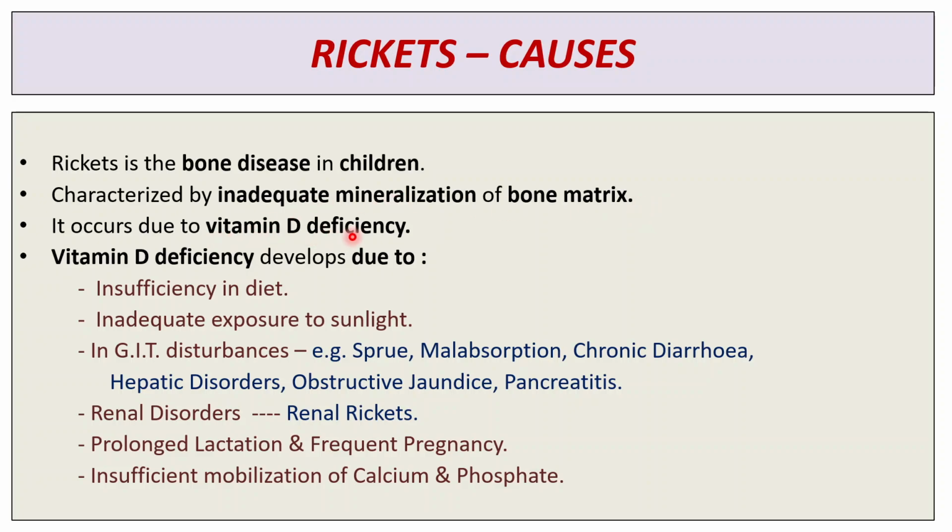It occurs due to vitamin D deficiency, and vitamin D deficiency develops due to: number 1, insufficiency of vitamin D in diet; number 2, inadequate exposure to sunlight; number 3, GIT disturbances such as sprue, malabsorption, chronic diarrhea, hepatic disorders, obstructive jaundice, pancreatitis; renal disorders, there is also renal rickets; prolonged lactation and frequent pregnancy; and insufficient mobilization of calcium and phosphate. These conditions are responsible for vitamin D deficiency.